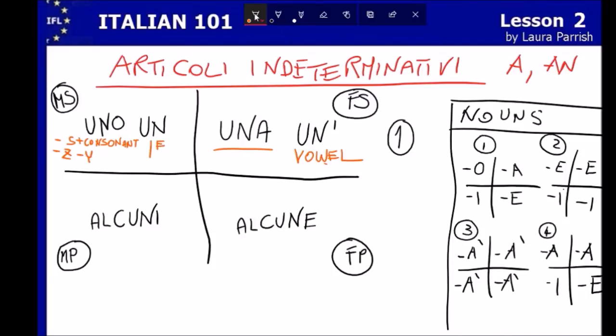What does that mean, by exclusion? It means that anything that is not here is going to be here. That means by exclusion.